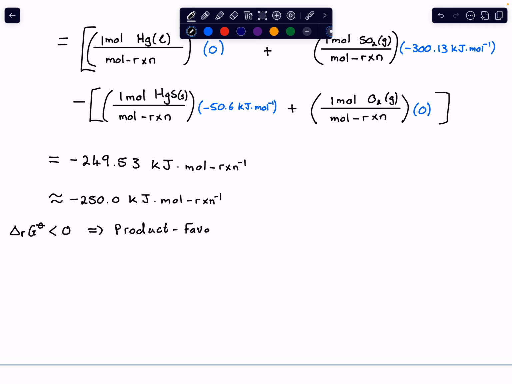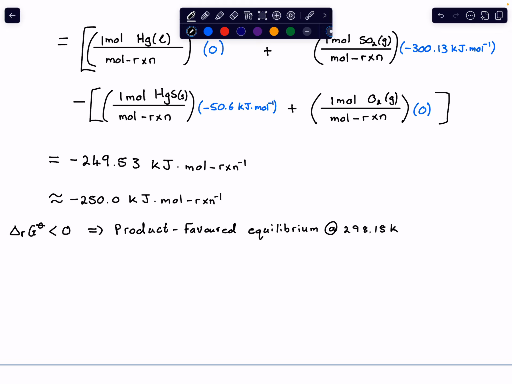Product-favored equilibrium. All right, and that is specifically at 298.15 Kelvin, right?